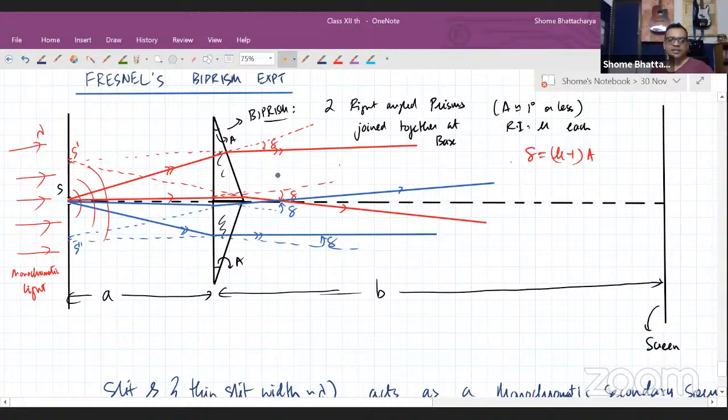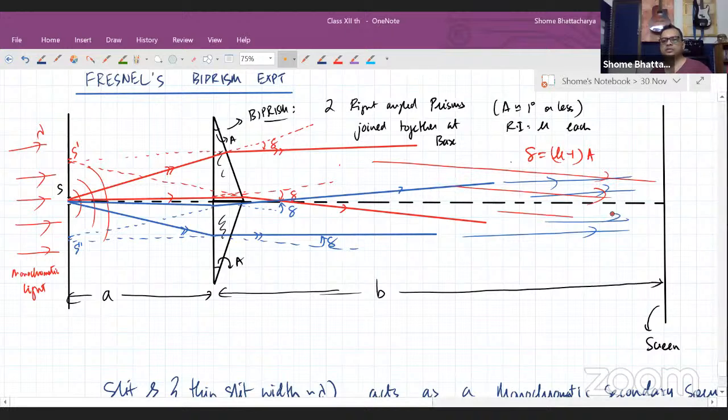So basically S prime and S double prime act like the two virtual sources, and all this light, you can see, these light beams, they are all superposed. So there is a certain region on the screen where light from both the prisms is superimposed. So that creates interference.